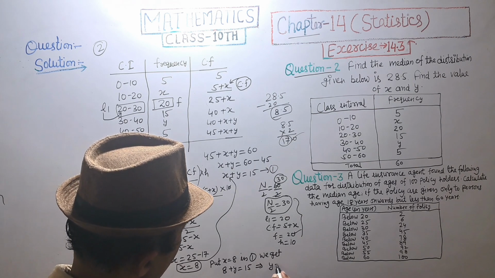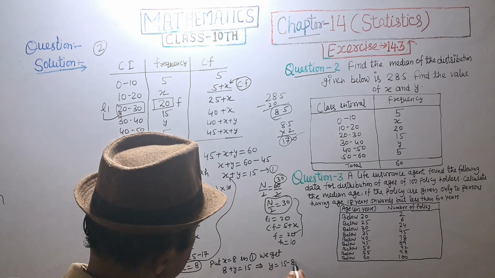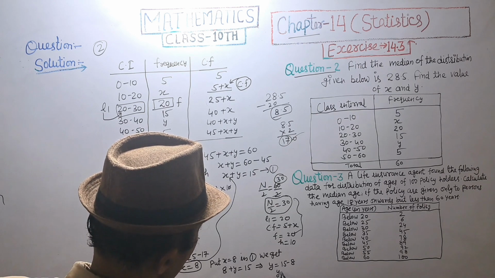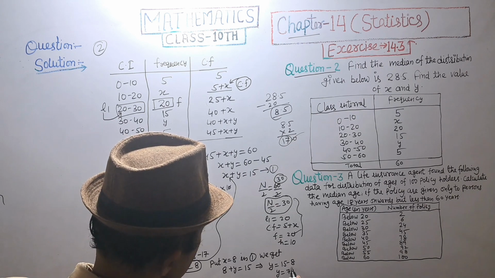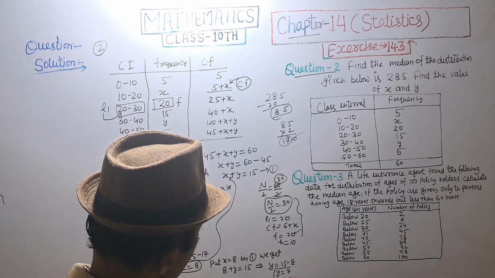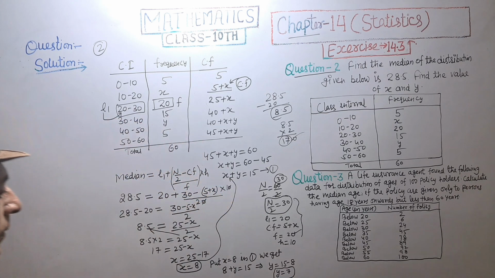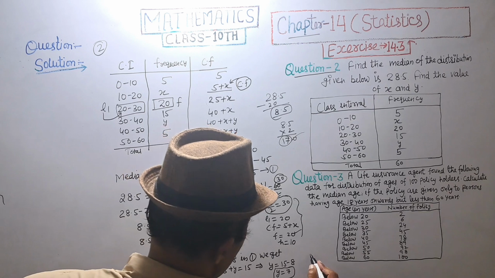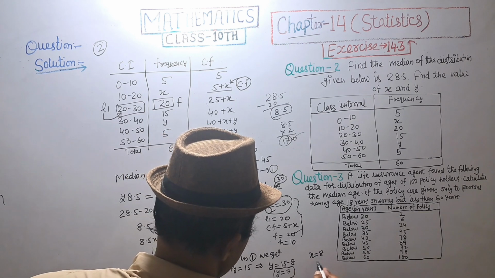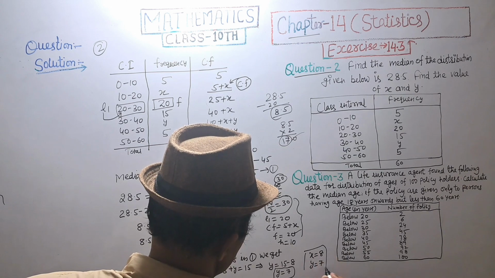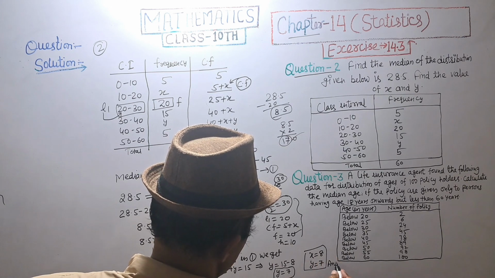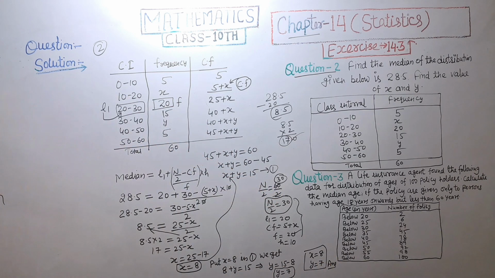This implies y is equal to 15 minus 8. So y is equal to 7. X is equal to 8 and y is equal to 7. Answer.